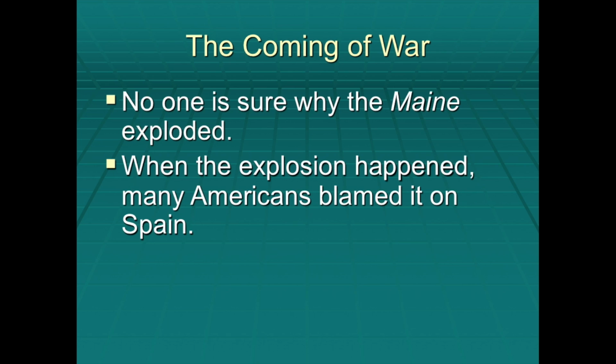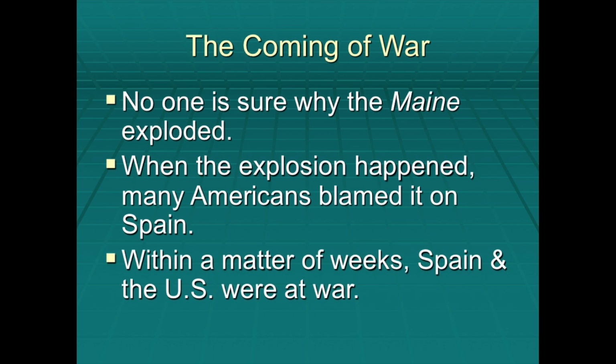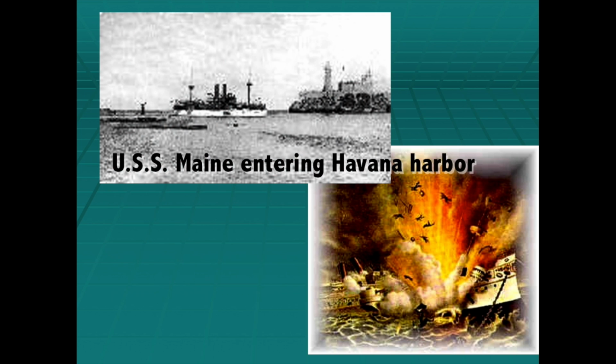So, one of those events, a very tragic event, and in a matter of weeks, Spain and the U.S. were at war, simply because they blamed it on Spain. What really happened to the Maine is probably an interesting deep dive into a historical moment.